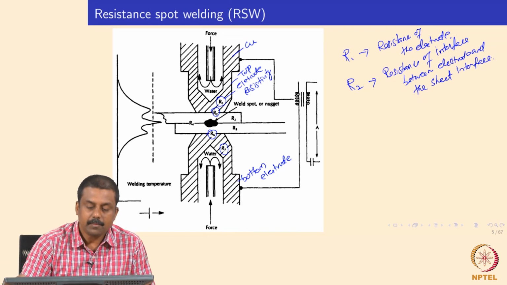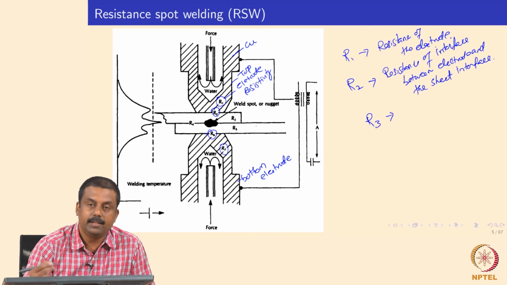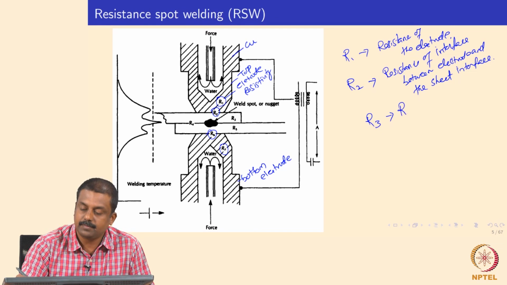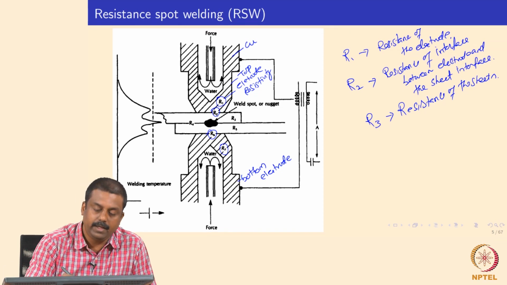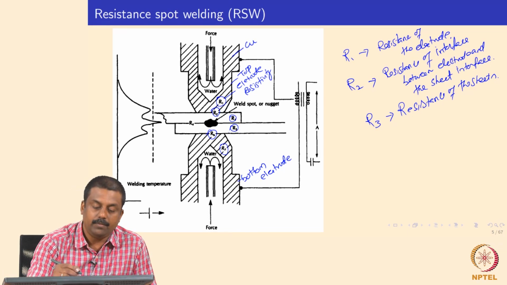Okay. And then we have another resistance R3, which is nothing but the resistance of the sheet itself.